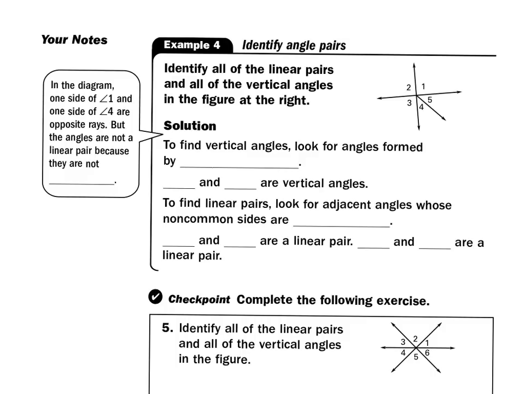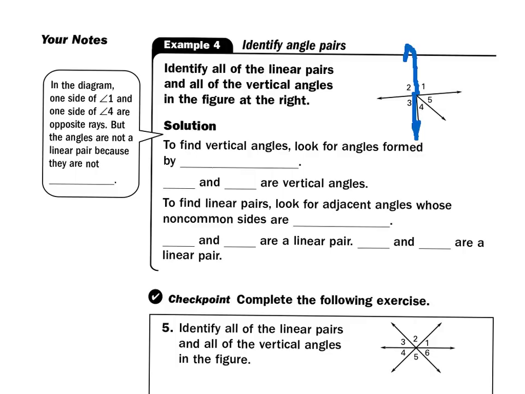Okay, example 4. Identify all the linear pairs and all the vertical angles. In this box in the diagram, one side of angle 1 and one side of angle 4 are opposite rays. So they're talking about this side and this side. Are they linear pairs?